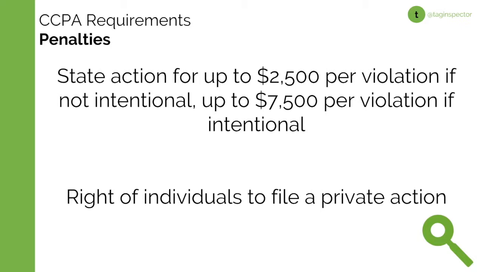Each one of those 100 unique visitors would be a violation. So in that case, for just 100 visitors, you would be looking at a potential $250,000 violation. If it is an intentional violation, you'd be looking at around a $750,000 violation. So the scale, the scope for this can get massive.